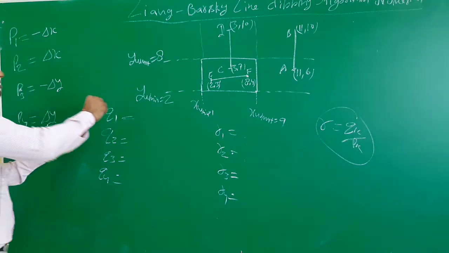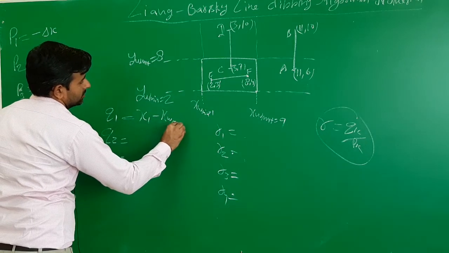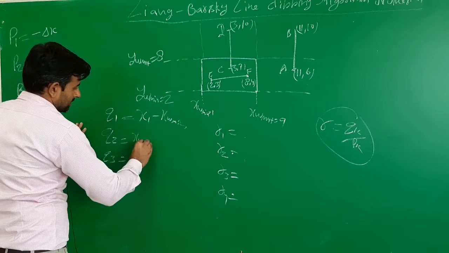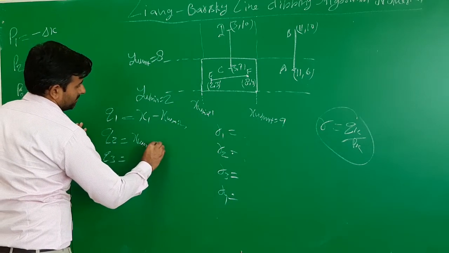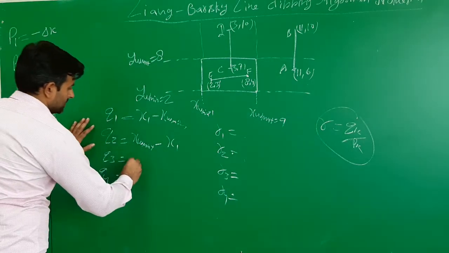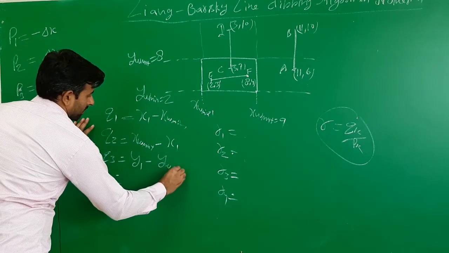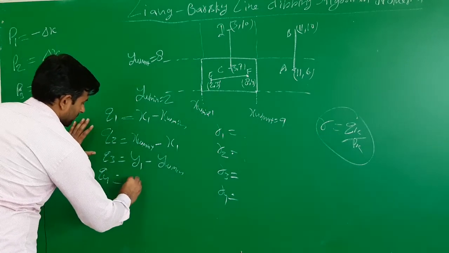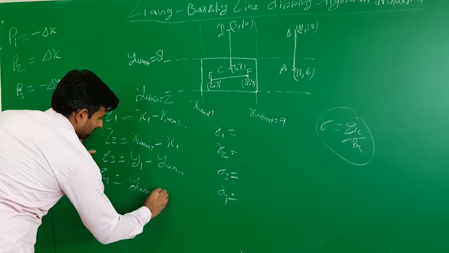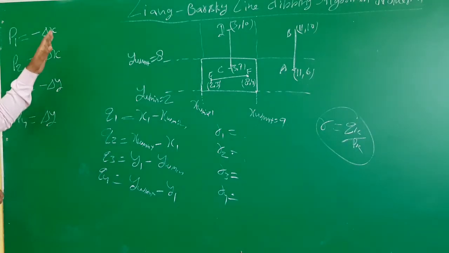Q1 is x1 minus xw minimum, Q2 is xw maximum minus x1, Q3 is y1 minus yw minimum and Q4 equal to yw maximum minus y1. We have to find these values.